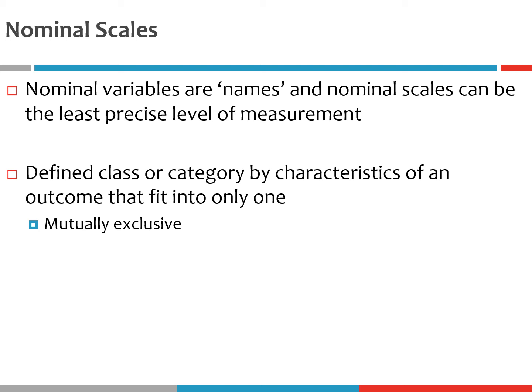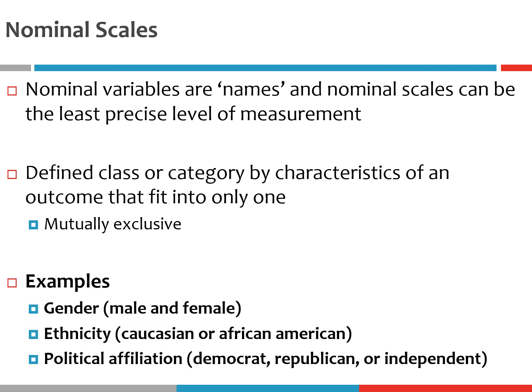So with nominal scales, there is a defined class or category by characteristics of an outcome that fit only one, right? So what does that mean? It means we have levels of a variable that are mutually exclusive, like I was talking about, right? So for example, a nominal variable might be gender, and the levels are male and female. A nominal variable might be ethnicity, and that includes Caucasian or African American.